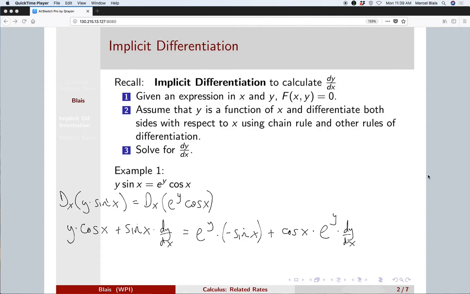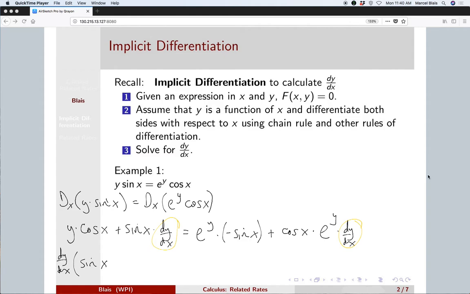And in this case, what we want to do now is solve for our dy/dx terms. So if we get all the dy/dx terms on the left, all the non-dy/dx terms on the right, what we'll have is dy/dx times a sine of x term, and then we subtract this term from both sides.